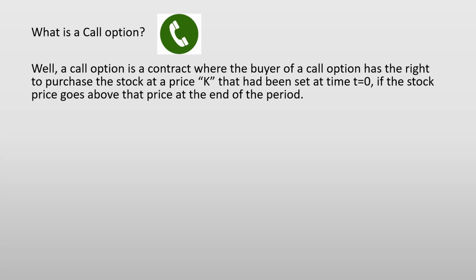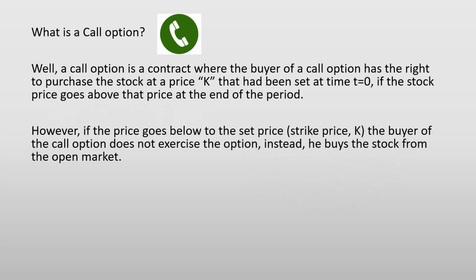Now, if the price goes above that price at the end of the period, the buyer of the option will buy the stock from the seller of the option. If the price goes below the set price, the buyer of the call option does not exercise the option. Instead, he buys the stock from the open market.